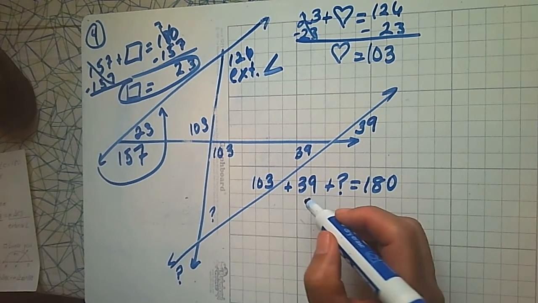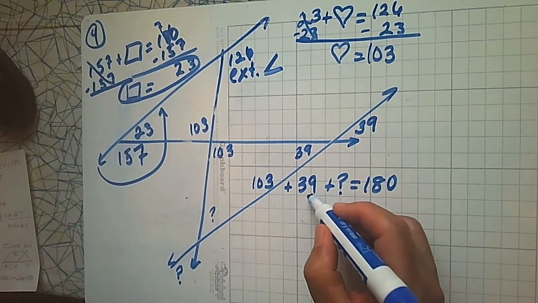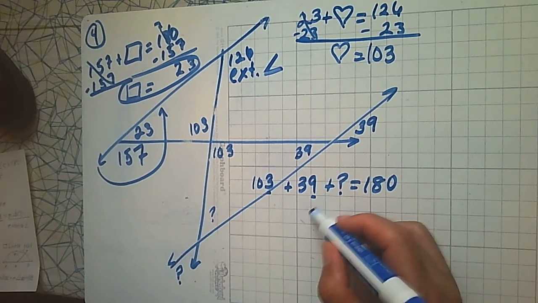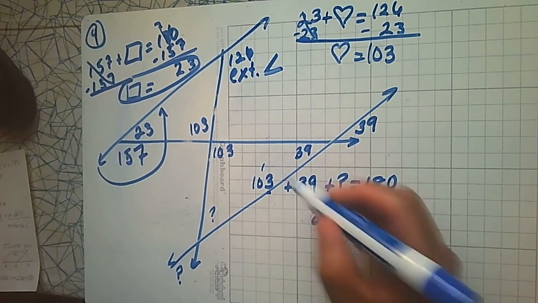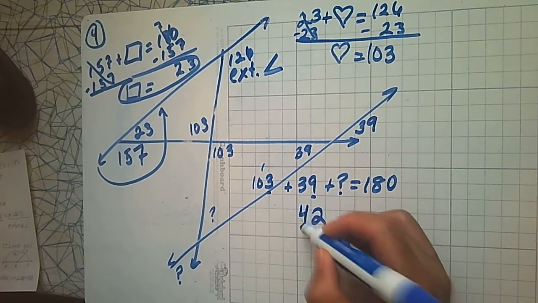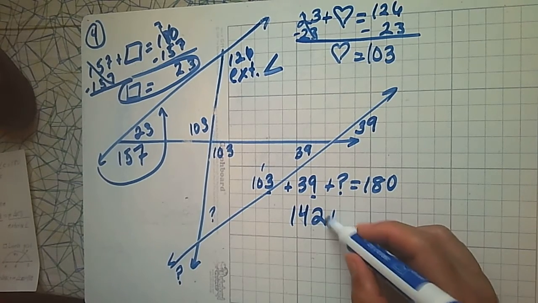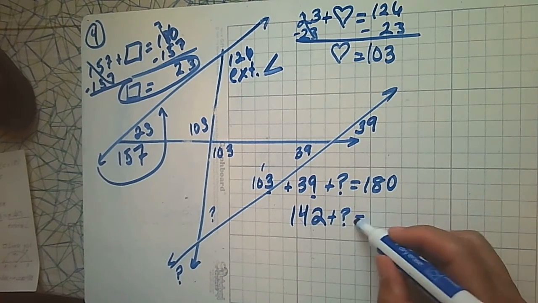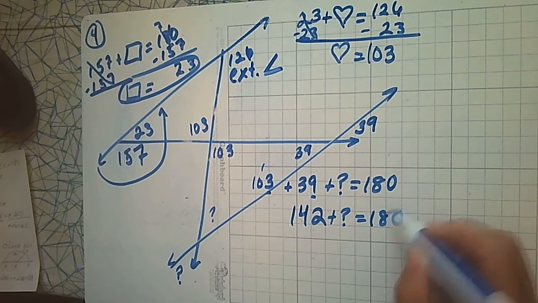Combine 103 with 39. 9 plus 3 will give you 12. 2 and carry 1. 3 plus 0 is 3, plus 1 will give you 4. 142 plus the question mark is equal to 180.